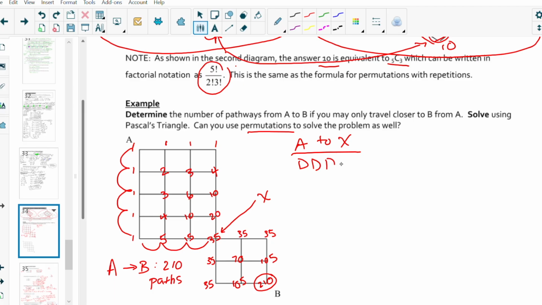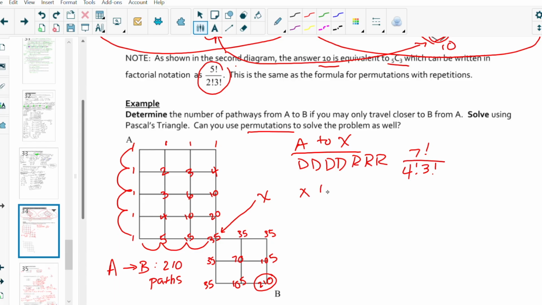So D, D, D, D, R, R, R. Remember this from our permutations problem. There are 7 steps to get from A to X. So that's 7 factorial, but I don't want to repeat the D's and the R's. So 4 factorial, 3 factorial. So this is a permutations with repetitions problem.